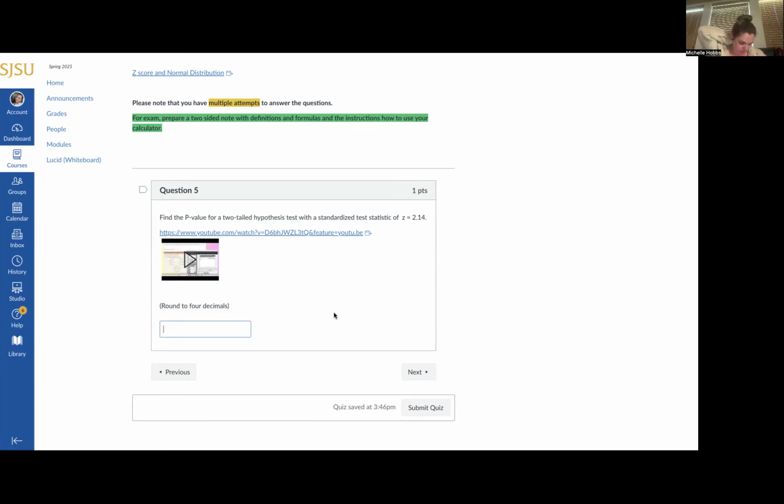So the p-value for a two-tailed test is 2 times the area.